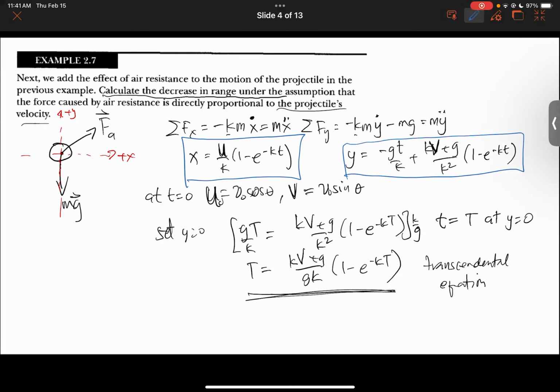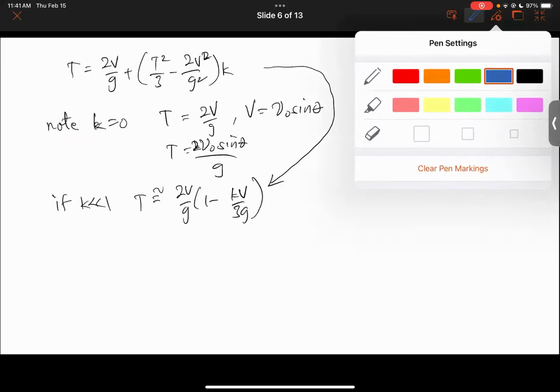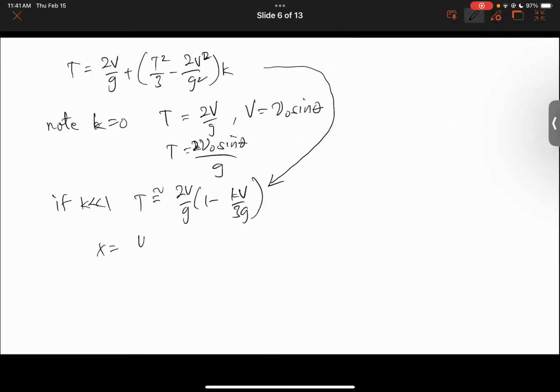For that to be useful, we also expand the exponential. So the expression for x is u over k, and then we expand the exponential: kt minus 1/2 k squared t squared plus 1/6 k cubed t cubed, and so on. Then we substitute t in there.